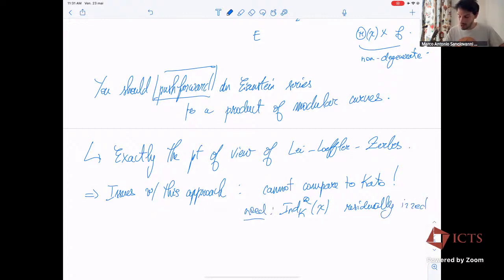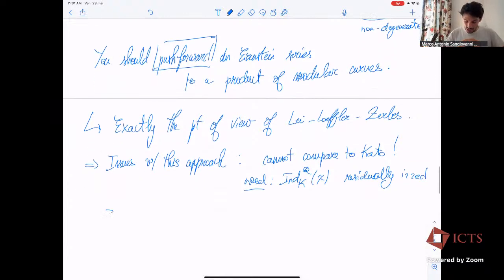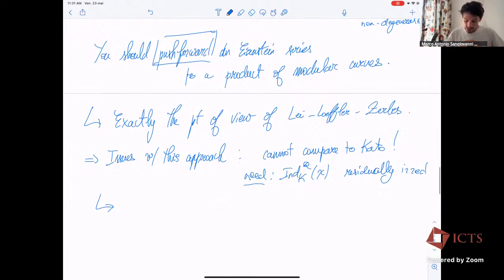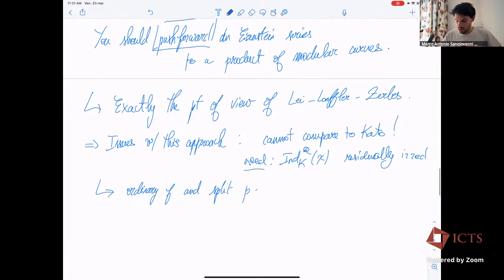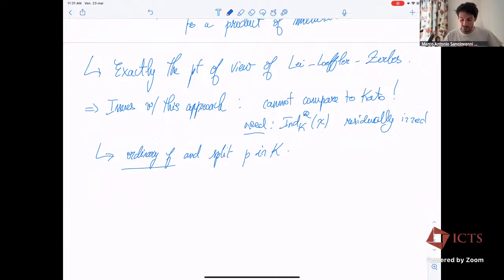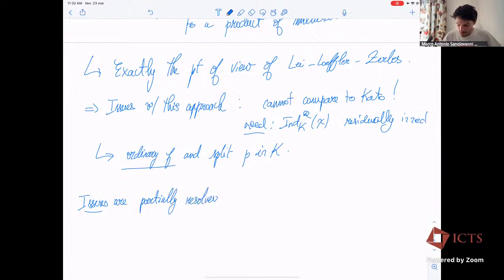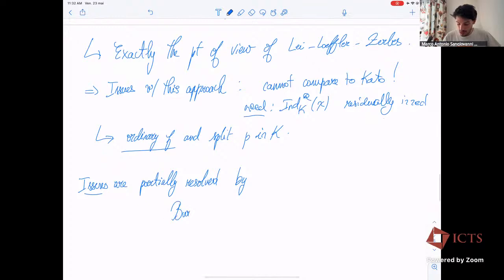They need that. Okay, and also this only treats the case of the ordinary f without denominators and split p in K. Okay, so these issues, at least for ordinary f and the fact that they cannot pass through the simple characters, are partially resolved by Burungale, Skinner, and Tian.